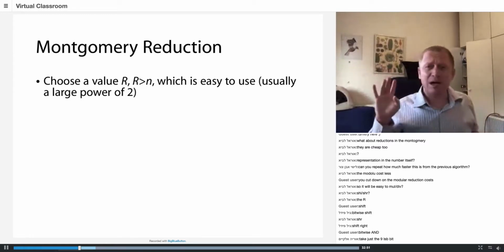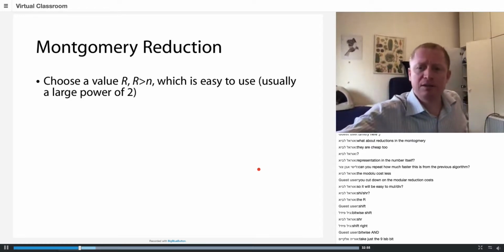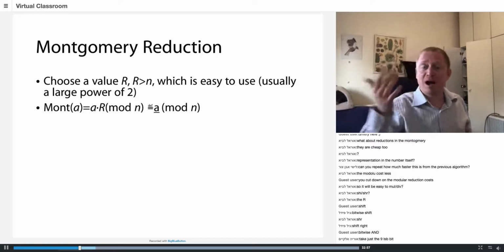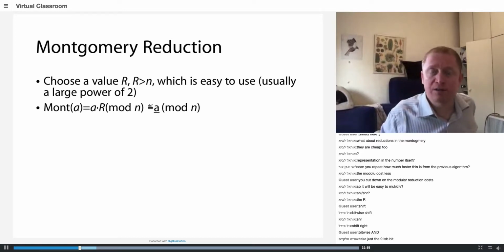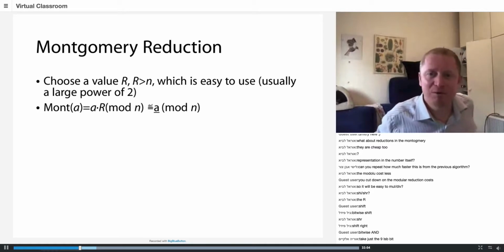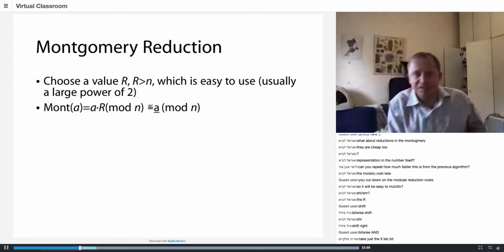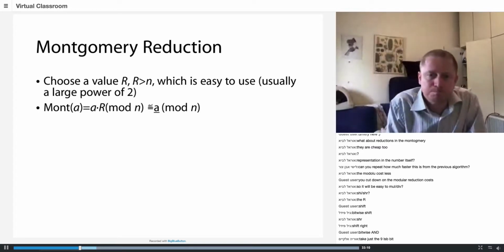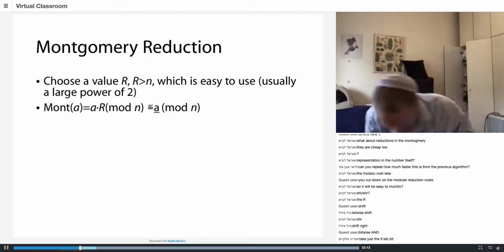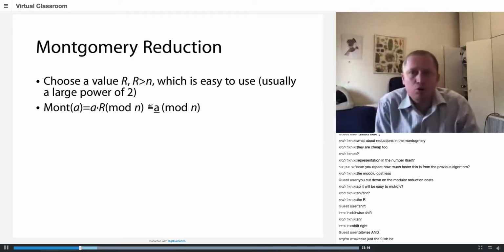So now I need to enter the Montgomery representation, and to do that, I just multiply by R modulo N. That is the magical step of entering Montgomery representation. As you see, this requires 1 modular reduction. Now, A is a member of the multiplicative group.